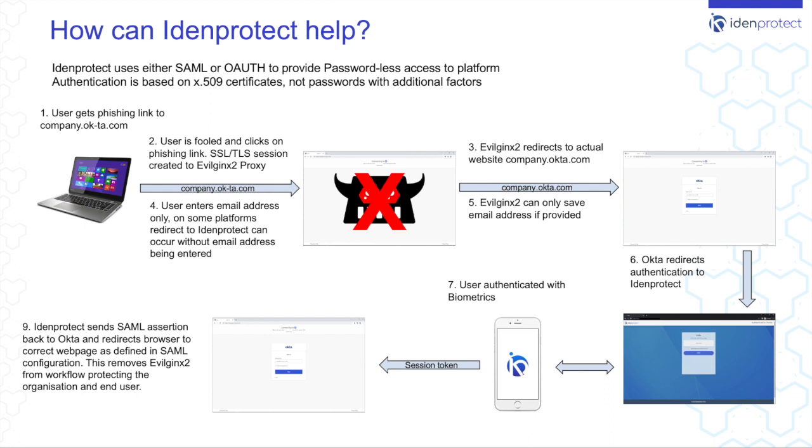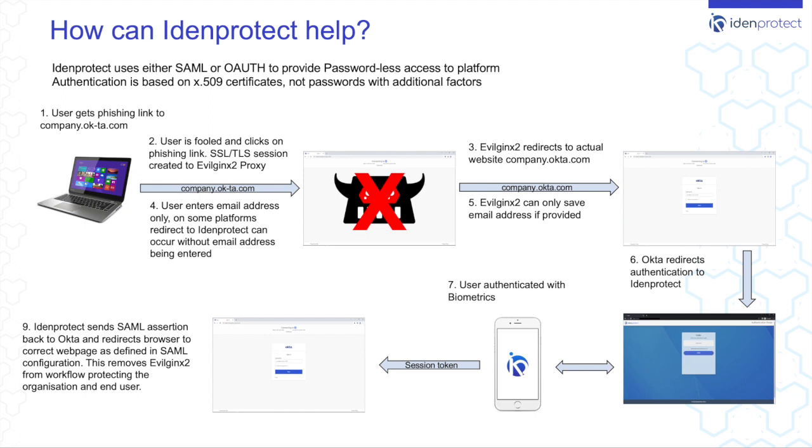So by using IdProtect as an identity provider and using SAML or OAuth to provide this chain, it moves the user away from this transparent proxy man-in-the-middle attack that they were vulnerable to using just a simple MFA style authentication along with username and password.